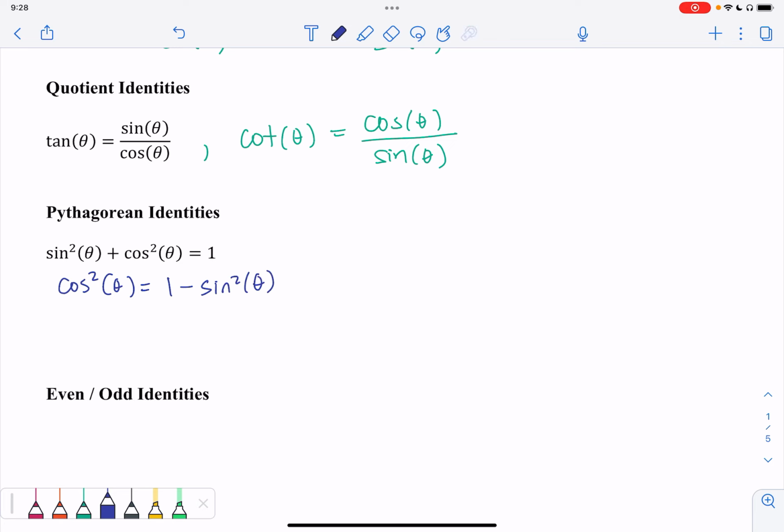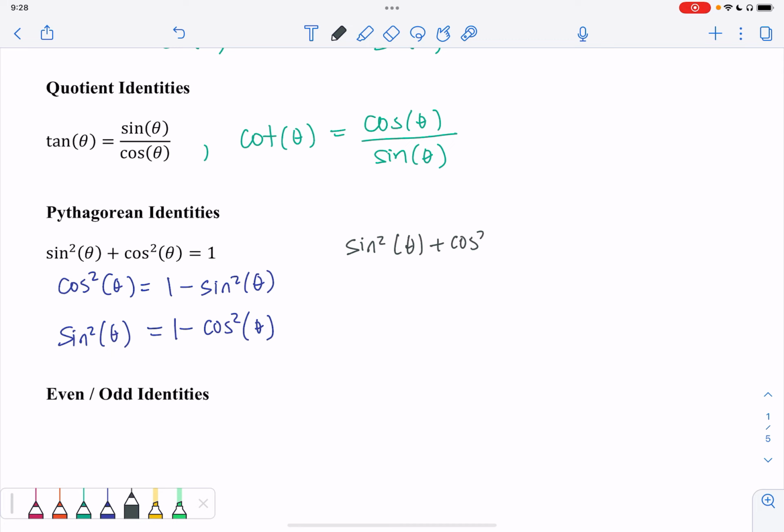So maybe we'll notice that we see something like 1 minus sine squared theta and we want to replace that with cosine squared theta. It might help us. Similarly, we might see sine squared theta and then want to know that that is 1 minus cosine squared theta.